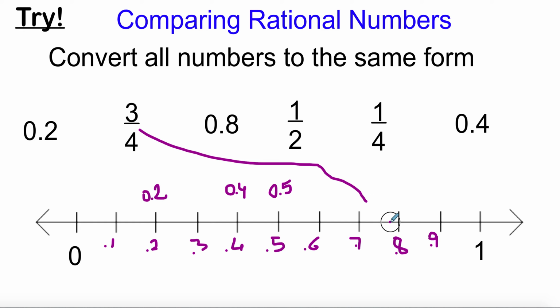So this is 0.75. Good. And we have 1/4, which is 0.25. 0.25 is between here. As you see, we're turning them into decimals.